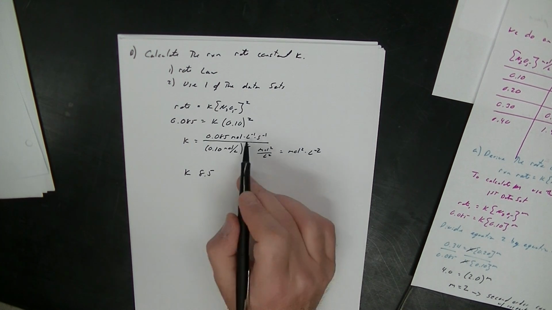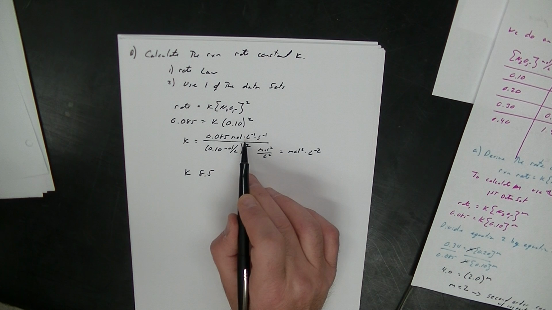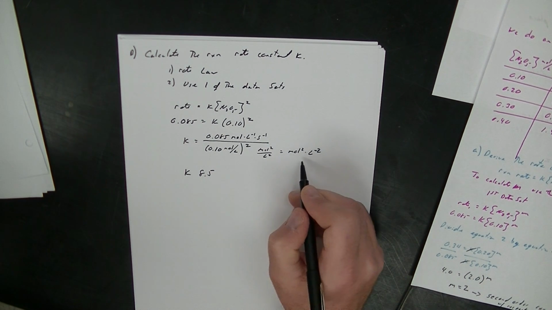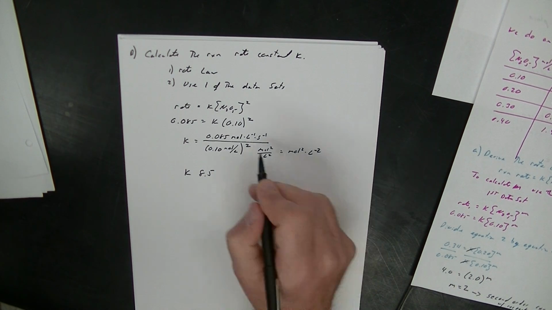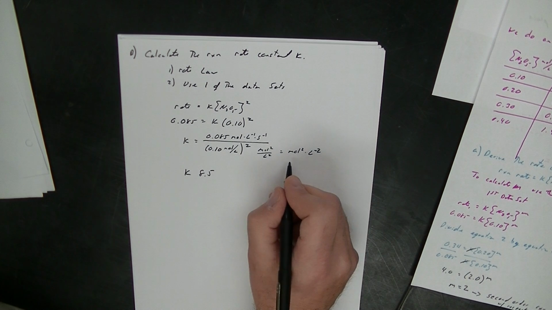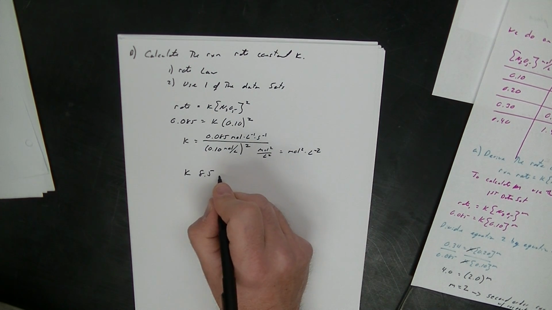Then we have to cancel things out. We've got a mole and a mole squared, a liters to the minus 1 and a liters to the minus 2, and we've got per second. So when we do this, we have a mole to the minus 1 left.